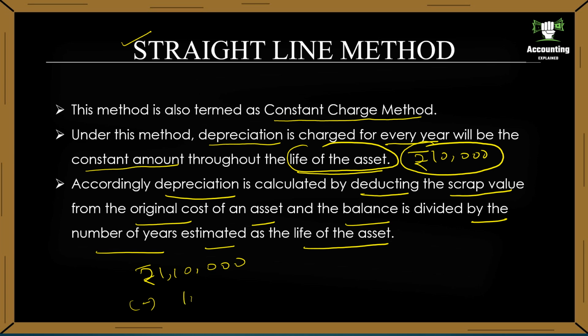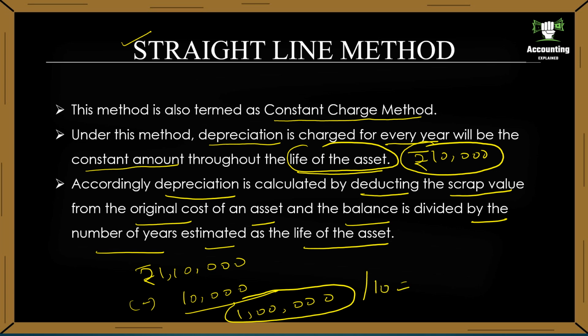Suppose you are going to get 10,000 as scrap value, then for the cost of the asset we have to take only 1 lakh for calculating depreciation. Suppose the life of the asset is 10 years, then divided by 10, it will be rupees 10,000 every year till the life of the asset, that is 10 years.